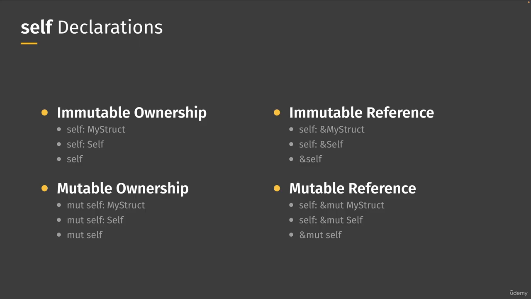You can also take mutable ownership, which once again transfers ownership to the self parameter, but now the method body has permission to mutate. It's the same syntax options, except you include the mut keyword before the self keyword in the parameter list. The third option is an immutable reference. This is usually going to be preferred over ownership because you do not have to worry about return values and moving ownership of the struct to self.